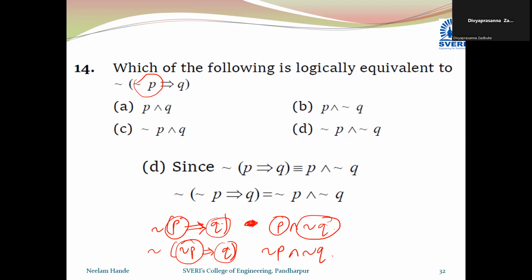Do you understand? Option D. Yes, ma'am. In this statement, you are writing first as it is and negation of second. So here first as it is and negation of second. So this is your answer.